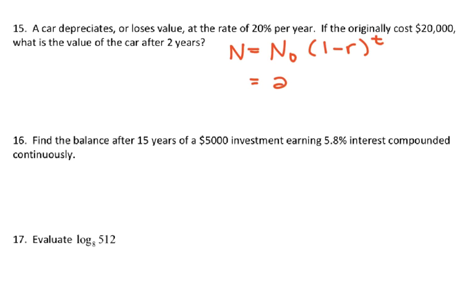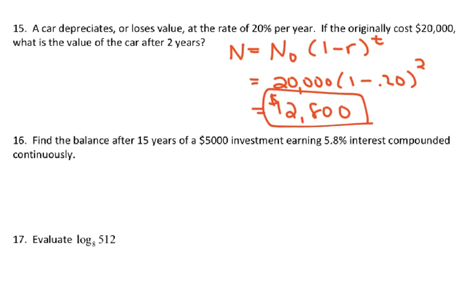N naught is your initial value. R is the rate as a decimal, so 20% is 0.20, and t is the time. And if you plug that into your calculator, you'll get 12,800. So after 2 years, the car will be worth $12,800.